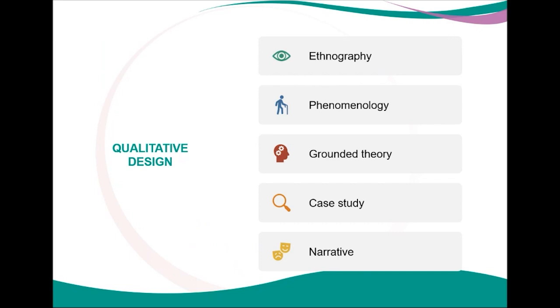Ethnography has its roots in cultural anthropology. It's about an analysis of data that talks about cultural groups. The aim of using ethnography is to develop a cultural theory. So which means if you want to study people's culture, then your design is going to be an ethnographic design.